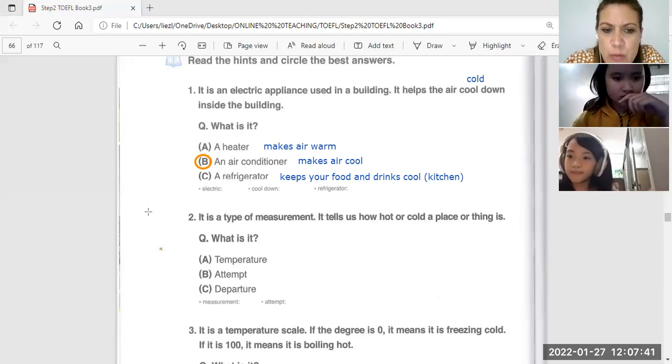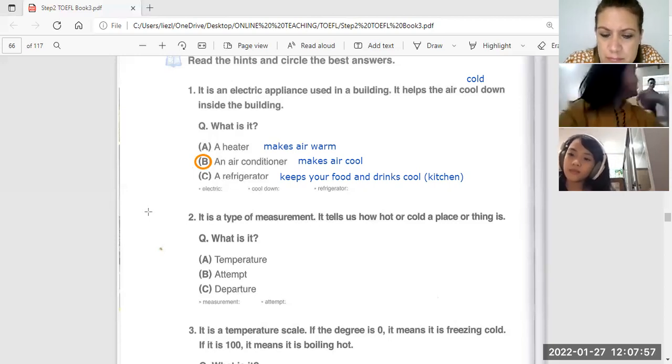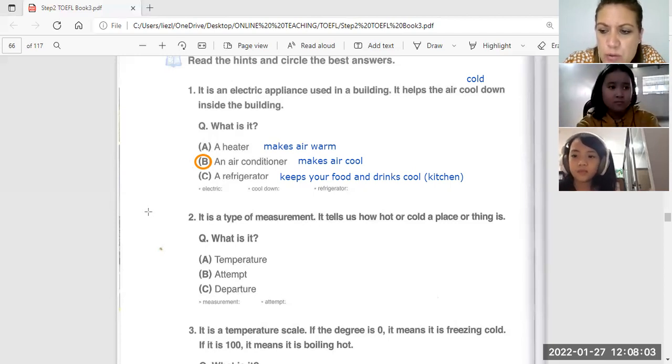What is it? Not what it is. It's a type of measurement that tells us if a place is hot or cold.